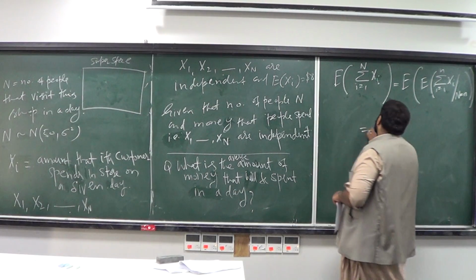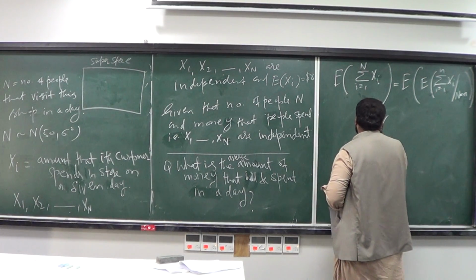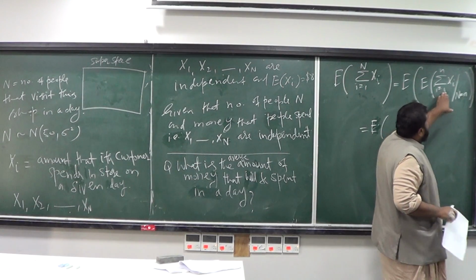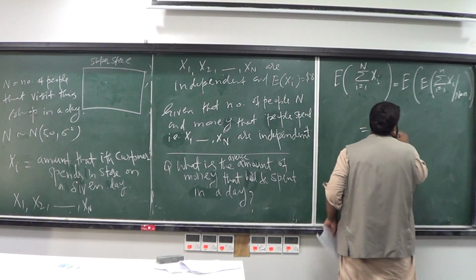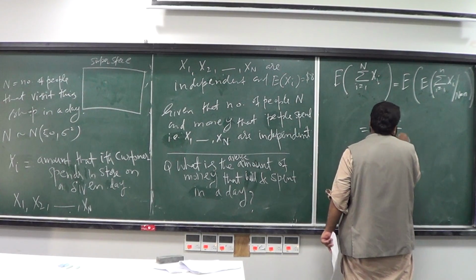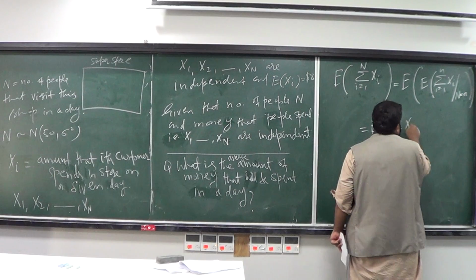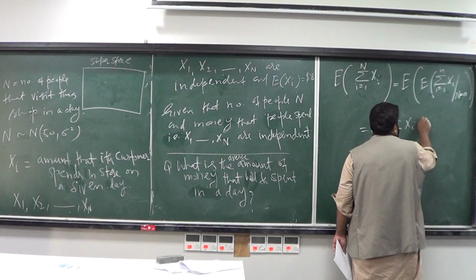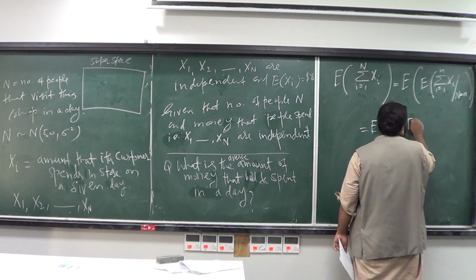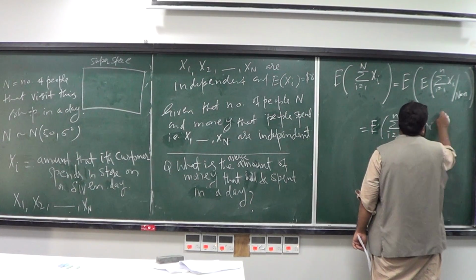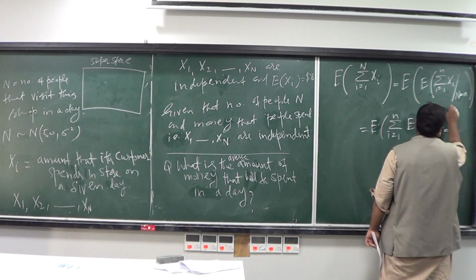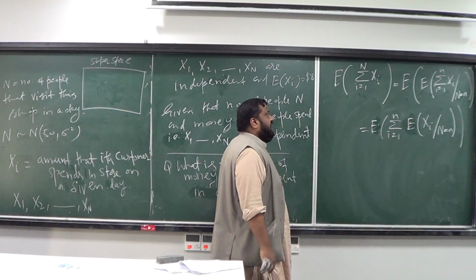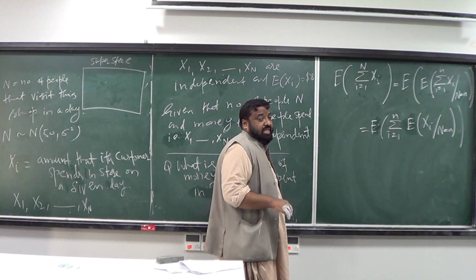Now, if this is the case, then I can say that the expectation of the sum is the sum of the expectations. So I can write this as the sum from i equal to 1 to n of the expectation of xi given N equal to n. The conditional expectation of a sum is the sum of the conditional expectations.